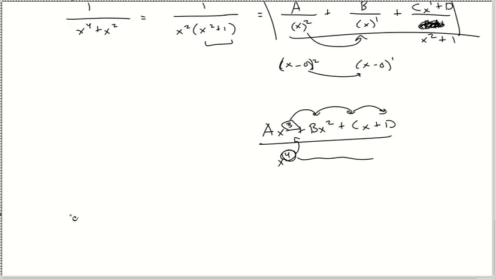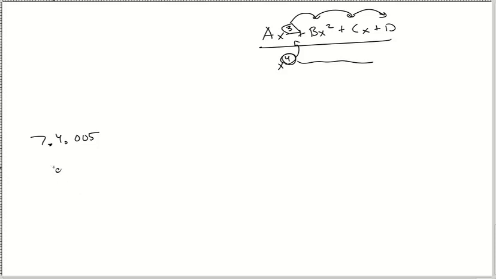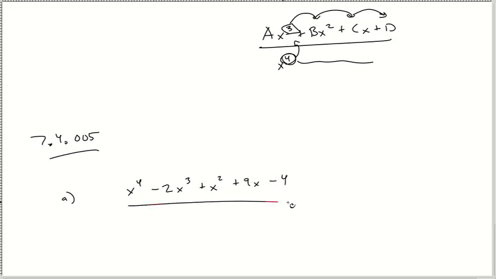You're done. So 74005. If this is still confusing to you, I understand. I'm just trying to give you the layout. And again, I really hope you've at least seen this somewhere back in the day. But maybe not. So I'm okay with reteaching this stuff.